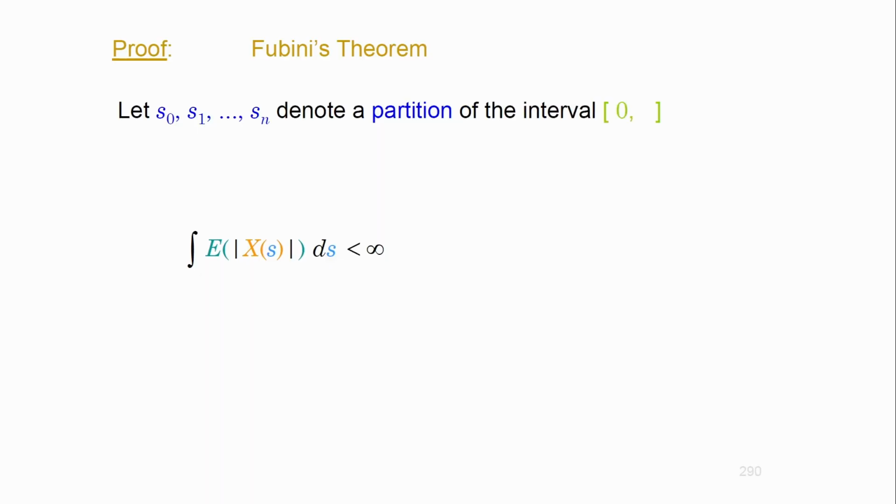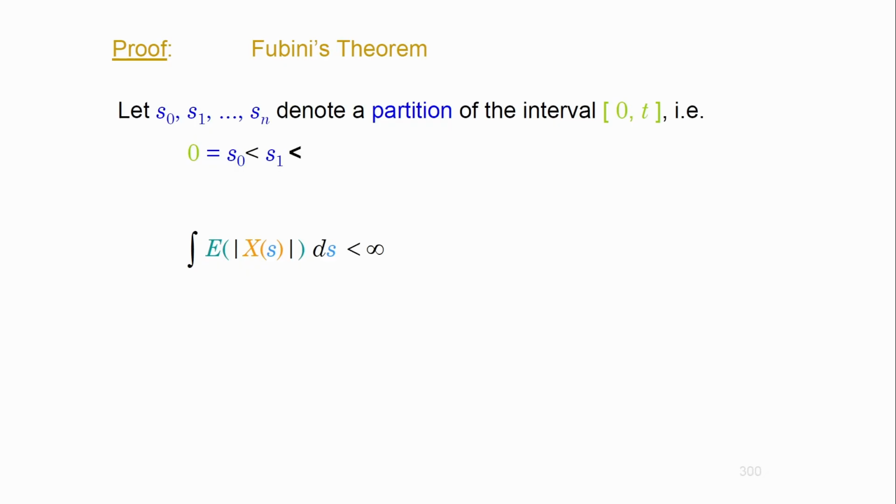If this is finite, then you can bypass the expectation operator by the integral operator. It's not going to be a big deal for stochastic processes, given that this thing is finite. Now let's say you got a partition on this interval from 0 to t.